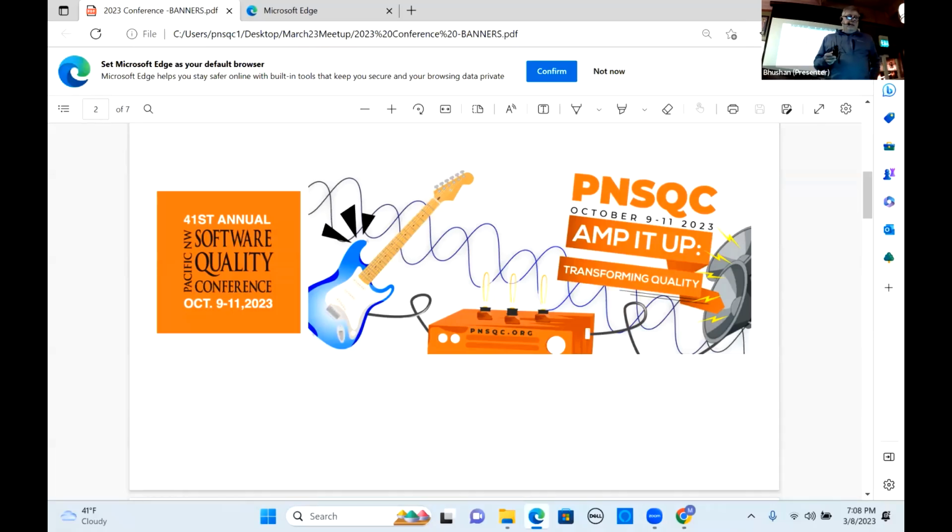And the theme is Amp It Up, Transforming Quality. We have a little tube amp there. You can see the tubes very well on that one. But the idea is, how can your voice in your organization be amped up in order to transform quality throughout the organization?